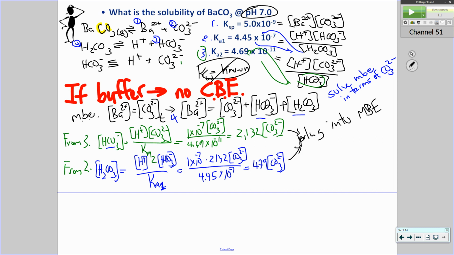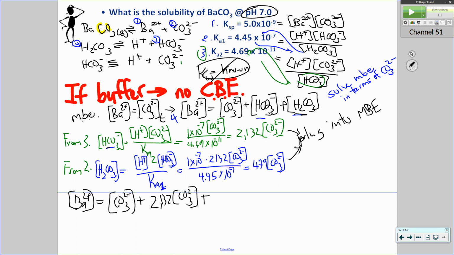So now the concentration of the barium is equal to the carbonate plus, for bicarbonate, 2,132 times the carbonate.